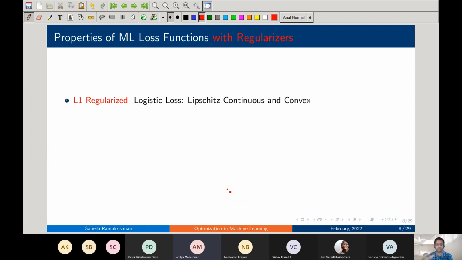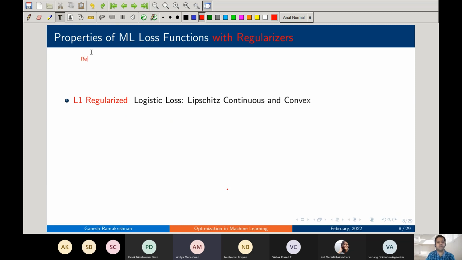Now let's look at combinations. So L1 regularized logistic loss. It turns out that the sum of Lipschitz continuous or Lipschitz smooth functions is Lipschitz continuous or Lipschitz smooth respectively. So logistic loss is Lipschitz continuous. L1 is Lipschitz continuous. Therefore, the sum is Lipschitz continuous.